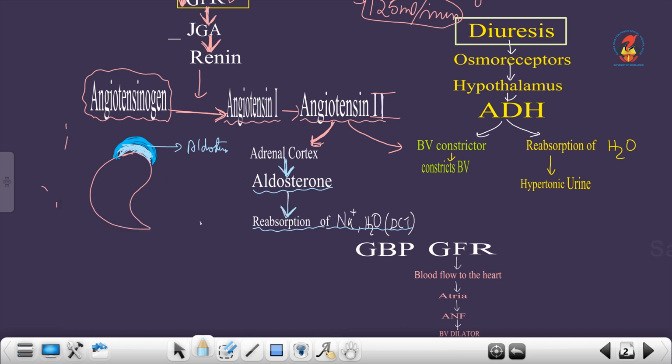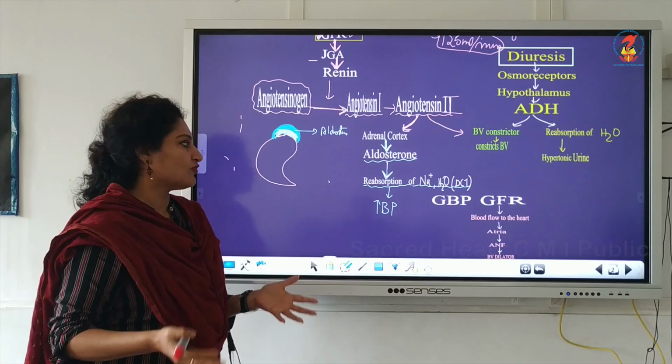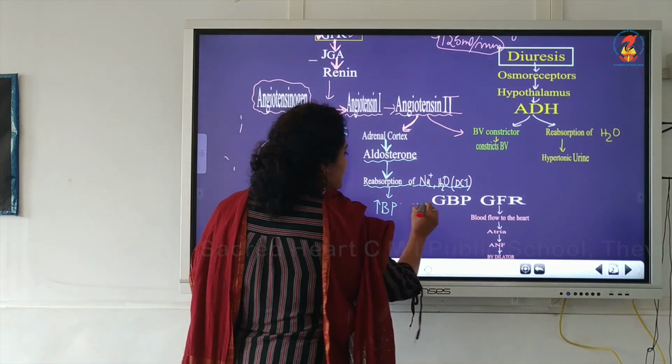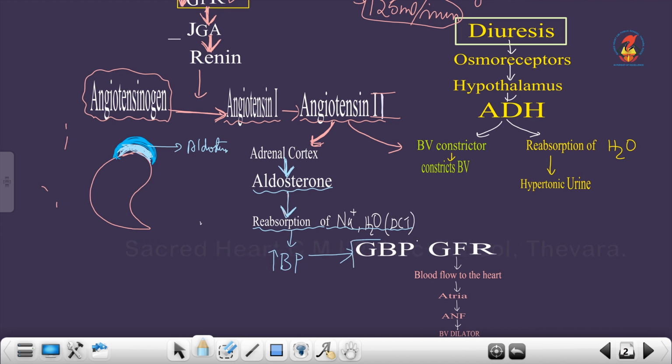The blood pressure increases. How did the blood pressure increase? The water added to the blood. So, the volume increased. When the volume of the blood increased, what happened to the blood pressure? It increased. And when the blood pressure increased, what happened? The glomerular blood pressure also increased, and thereby the condition was rectified. The glomerular filtration rate also increased.